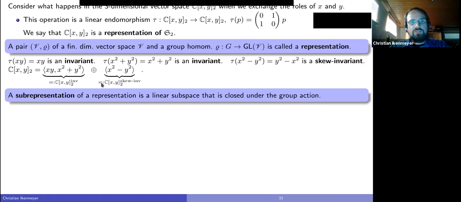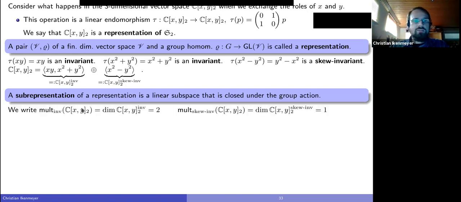These are sub-representations of the representation. A sub-representation is a linear subspace that's closed under the group action. Indeed, if you act with a group element, the skew invariant vectors are just scaled by -1, and the invariant vectors just stay the same. Actually, each vector's linear span on its own is already a sub-representation.